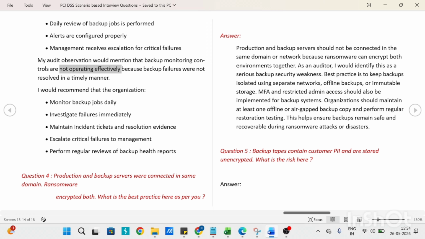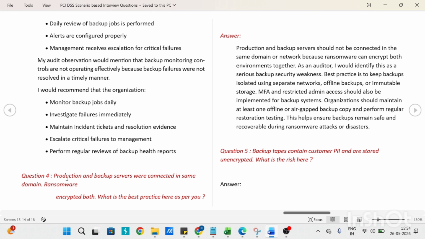So here are the recommendations from the auditor, right? Monitor backup jobs daily, investigate failures immediately, maintain incident tickets and resolution evidence, escalate critical failures to management, and perform regular reviews of backup health reports.